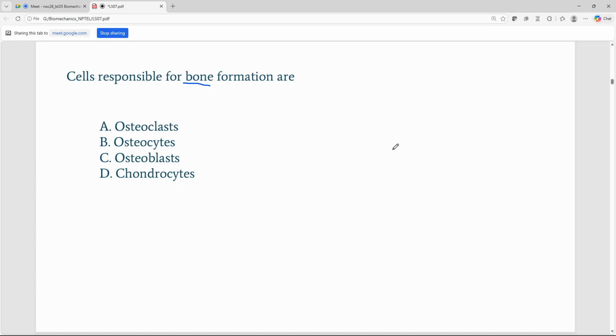Options are option A, osteoclast, option B, osteocytes, option C, osteoblast, option D, chondrocytes.